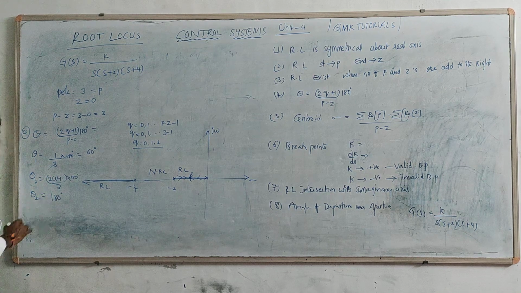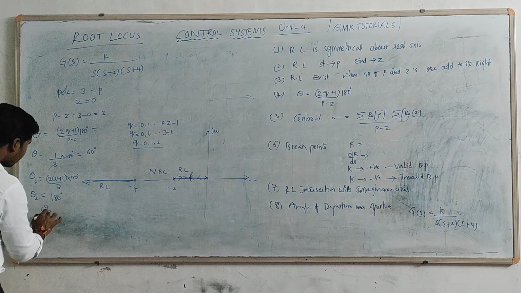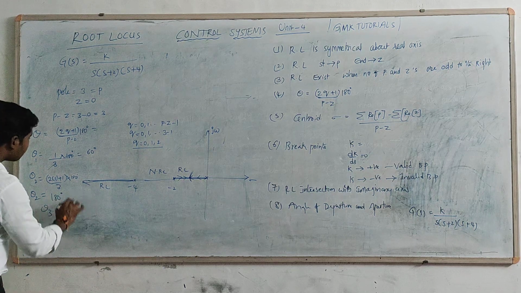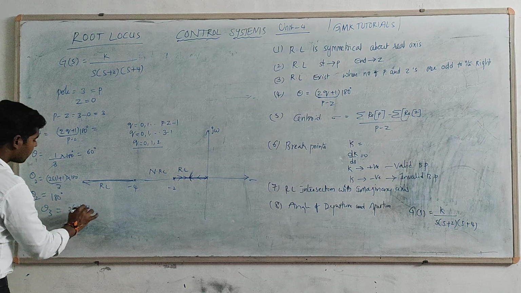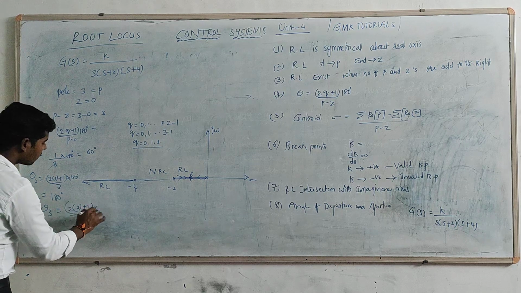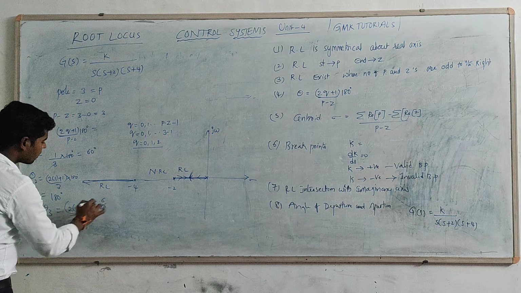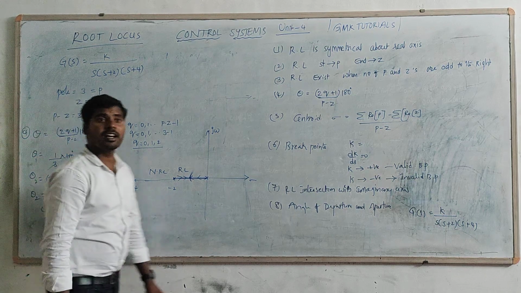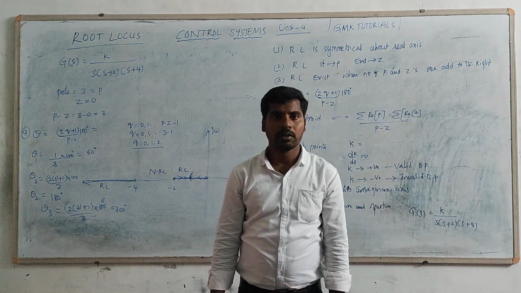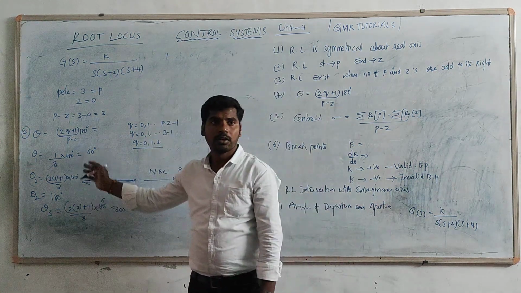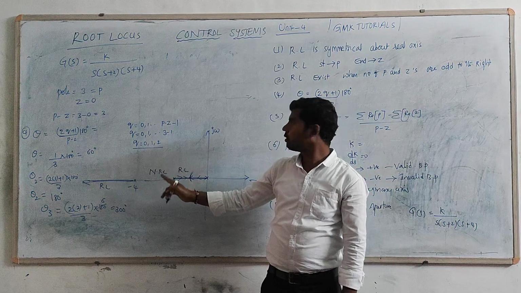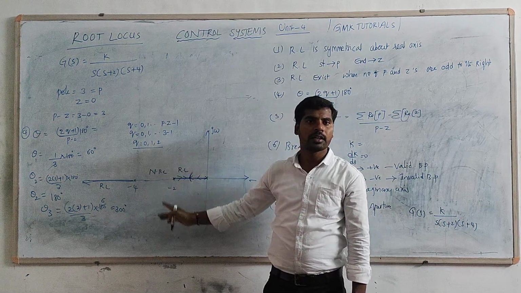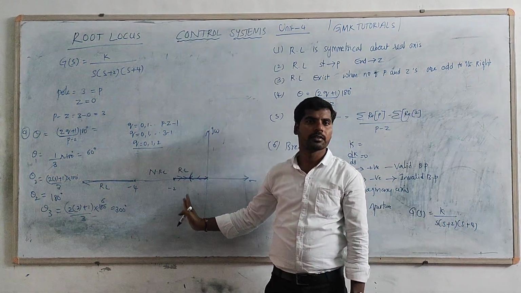For theta 3, that is equal to 2 into 2 plus 1 divided by 3 into 180, you will get 300. So these are the angles of asymptotes: theta is equal to 60 degrees, 180 degrees, and 300 degrees.